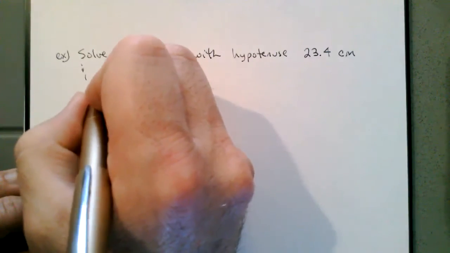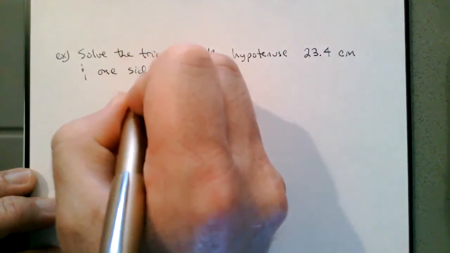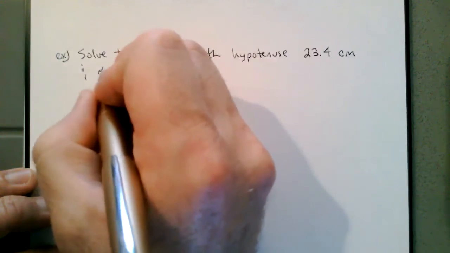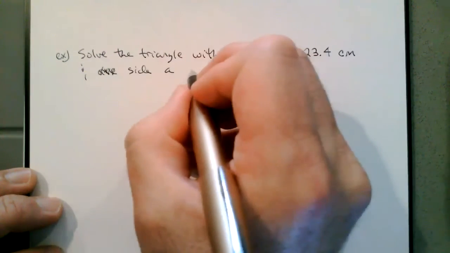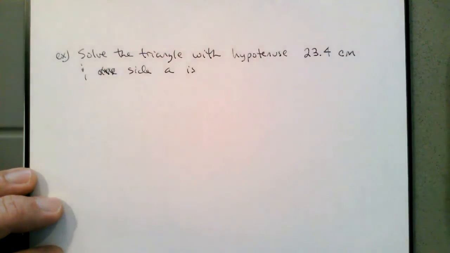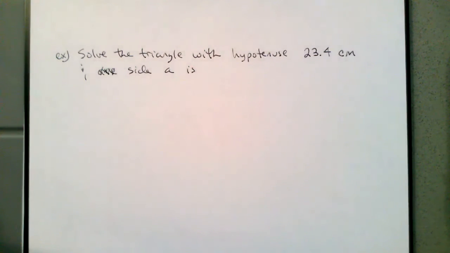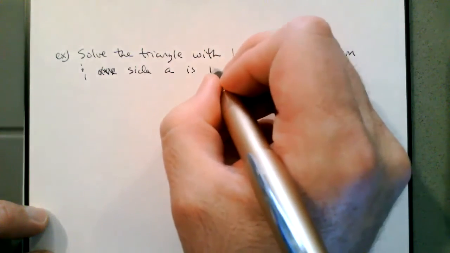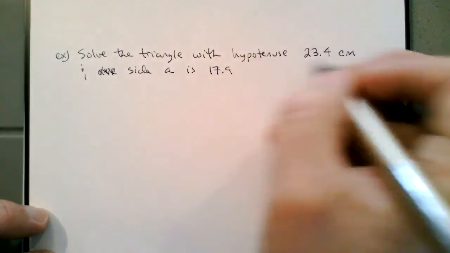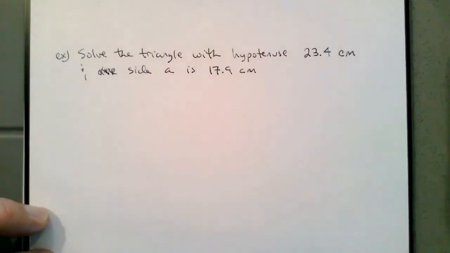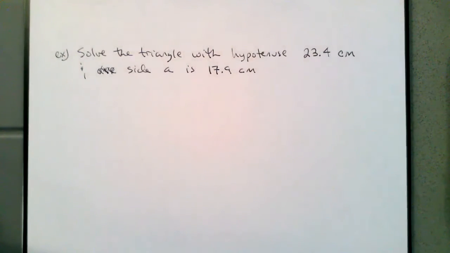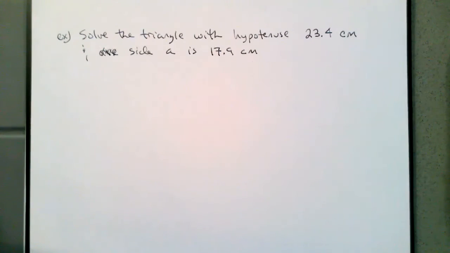And one other side, let's just name it, let's say side A is, now the hypotenuse has to be the biggest side, so I can't pick side A to be more than 23.4. I just need something smaller than 23.4. I will go with 17.9 because I need to come up with just something. And it should be measured using the same units. So I'm just going to make those centimeters.